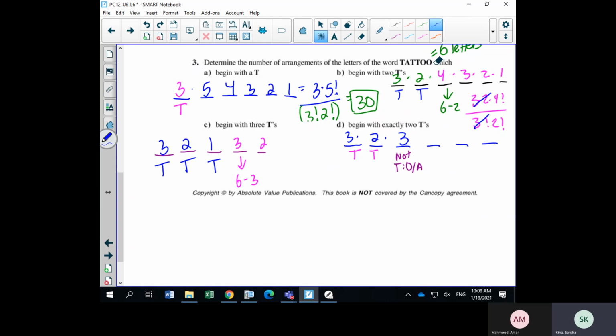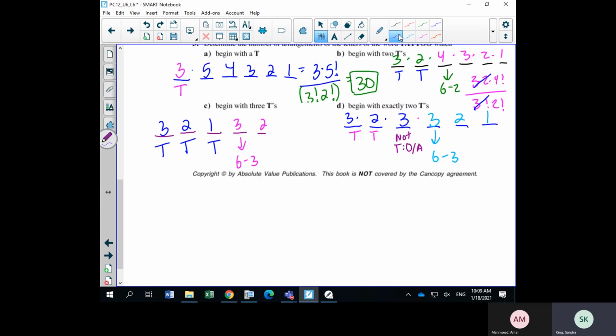Okay. Then over here, do you guys know what number I'd write here? Think about how many letters have been placed at this point. So I placed 3 letters. There are 6 letters to choose from. And I'm going to subtract, I placed 3 of them. So 3, 2, 1.